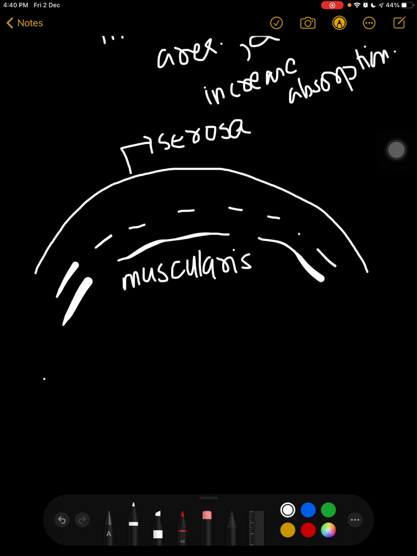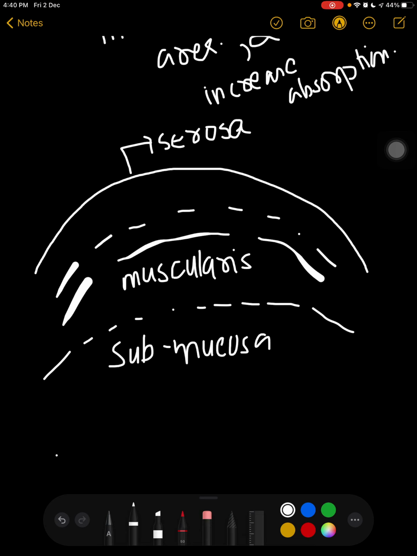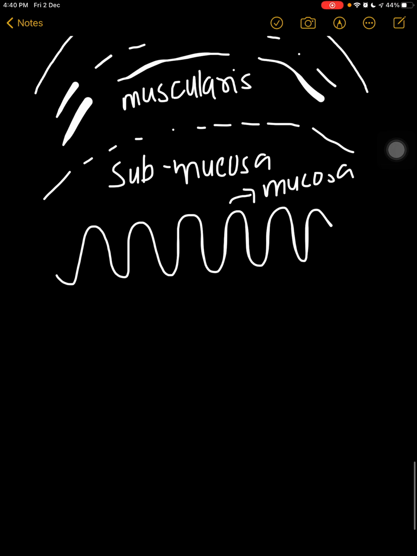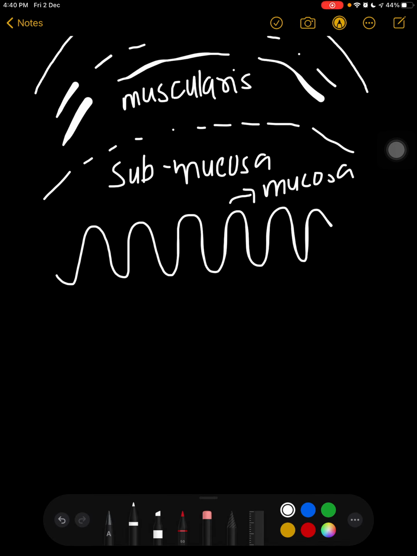And after muscularis there is another layer known as submucosa. But after that there are some foldings in the mucosa, which are known as villi.